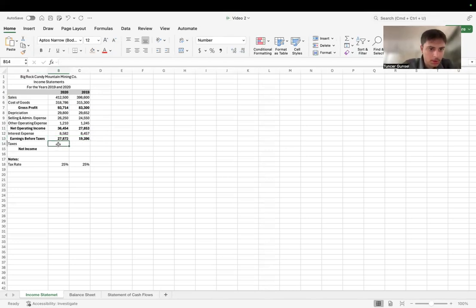Okay. So we need to find the tax first to calculate the net income. Our tax rate is 25% and our earnings before tax is 27,872. So the formula for the taxes is earnings before tax times the tax rate.